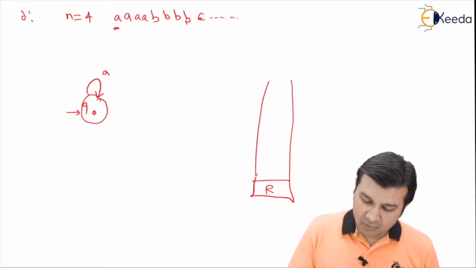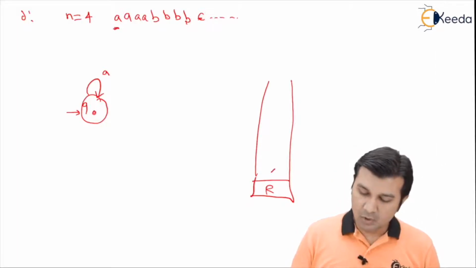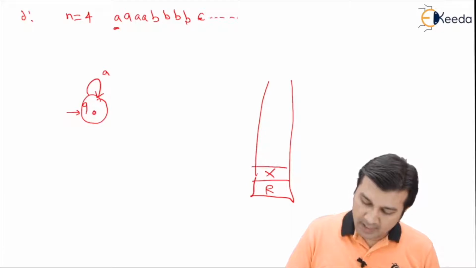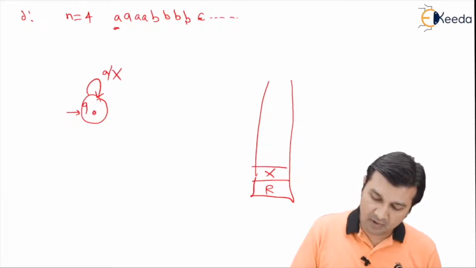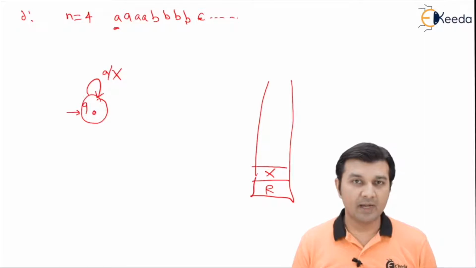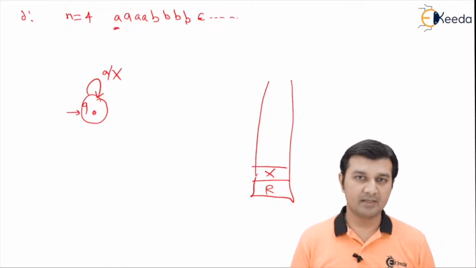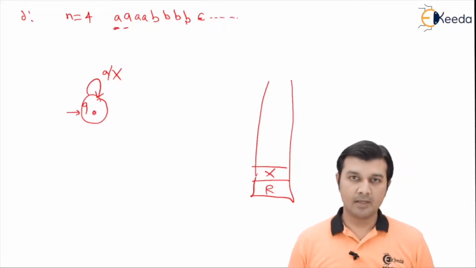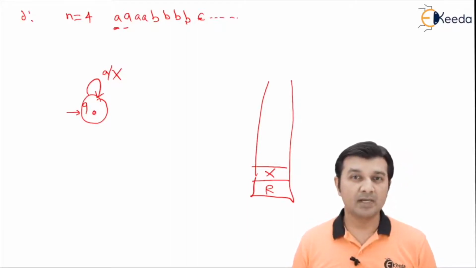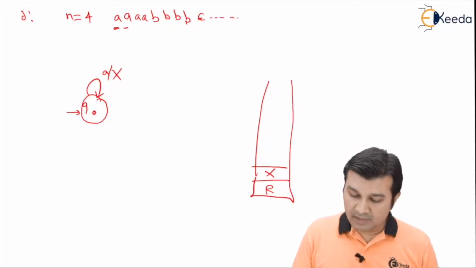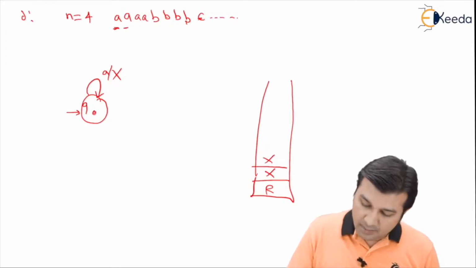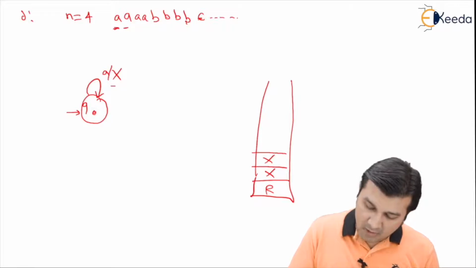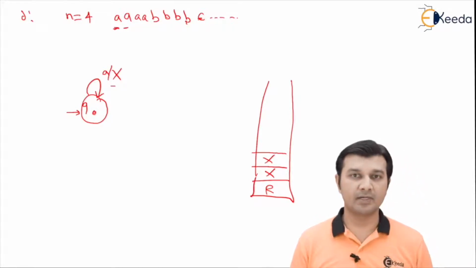So I say when you receive the first a, you are going to push 1x onto the stack, and therefore I write over here for a I'm pushing an x, right? Then I come across another a. I say my q0 can be sufficient to keep track of that. q0 on receiving another a will again push one more x on the stack, and I already have the transition link for it.